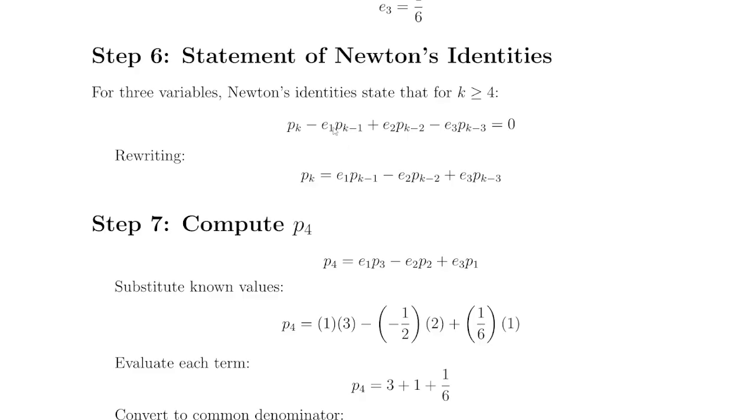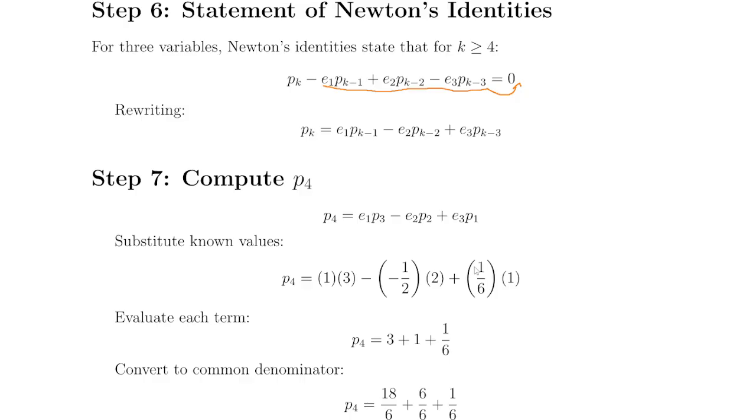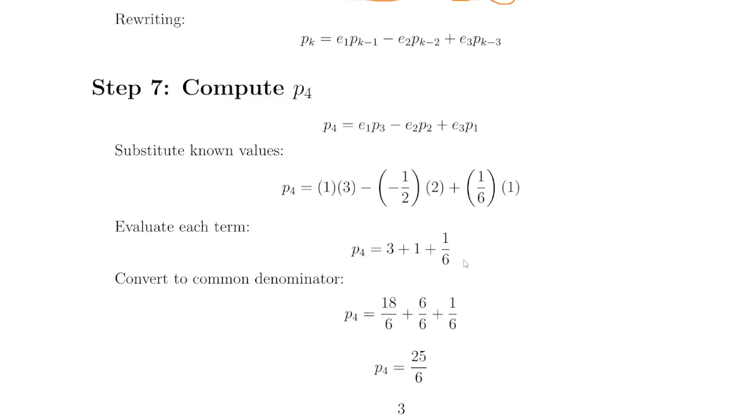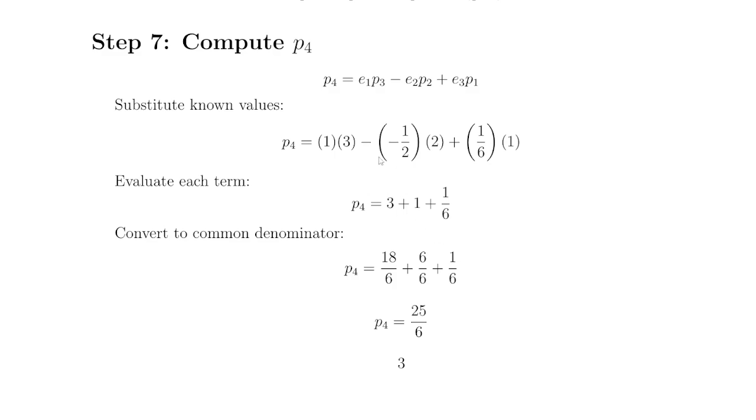So you could just add this to the other side to get to this equation. Before we go to P5, we go to P4. So for P4, plug in k equals 4 in here to get E1 P3 minus E2 P2 plus E3 P1. And those are exactly the things that we calculated in the previous steps. So you just plug it in and get P4 is 25/6.